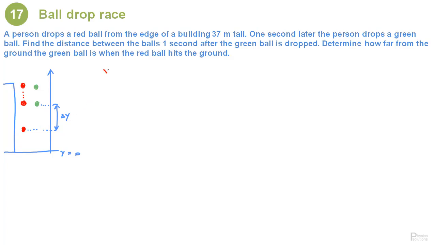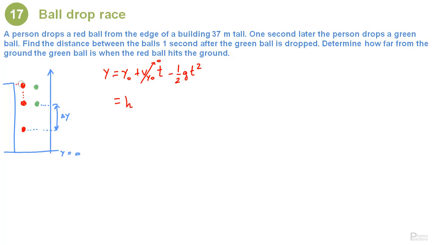For the red ball, we have that the coordinate is y0 plus vy0 times the time minus 1/2 gt squared. The initial velocity is 0 because the two balls in fact are dropped, and the initial coordinate is the height of the building.